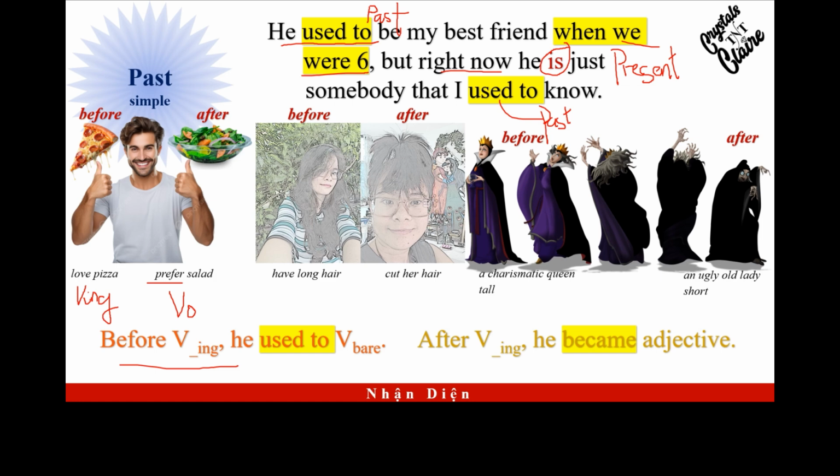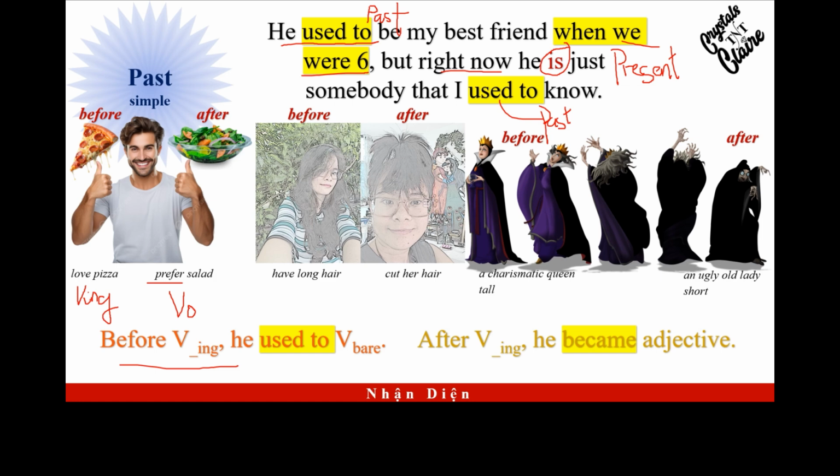But in case you choose before preferring salad, he used to love pizza. Like he ate pizza a lot every day, and it was not good for his health until he recognized that salad is yummy too, so he refused pizza. Okay, it has a different meaning.